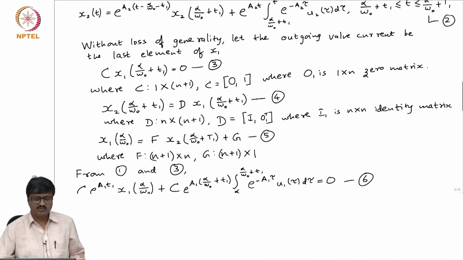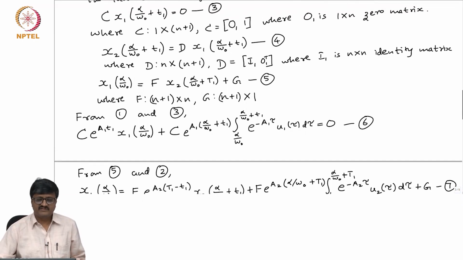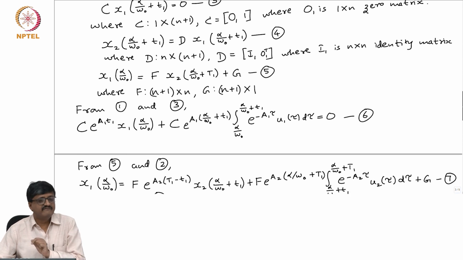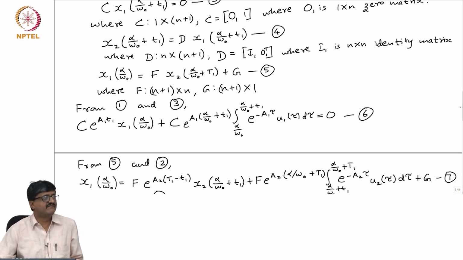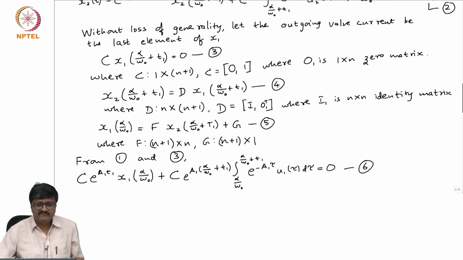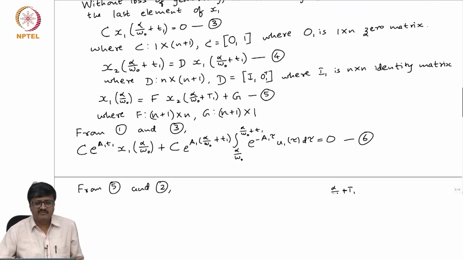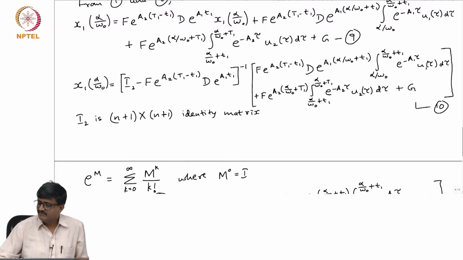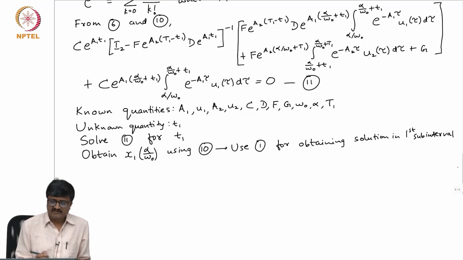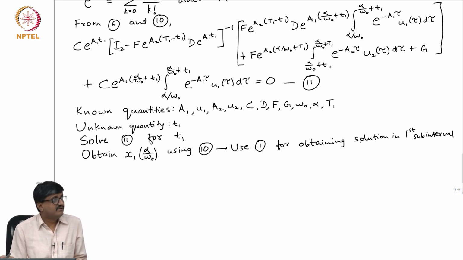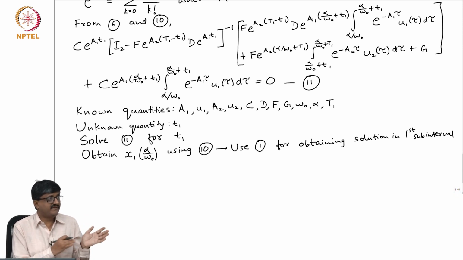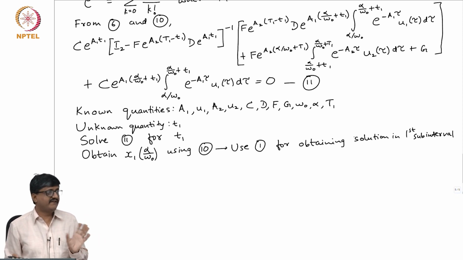So how to get x2? It is nothing but equation 4, because on the right hand side we know x1 at the end of the first subinterval. So get the value of x2 at alpha by omega O plus T1 using 4, which also equals x1 at that point. Now that x1 is obtained from the previous step. When I say solution, it means getting the expression from the starting to the ending point of the first subinterval.